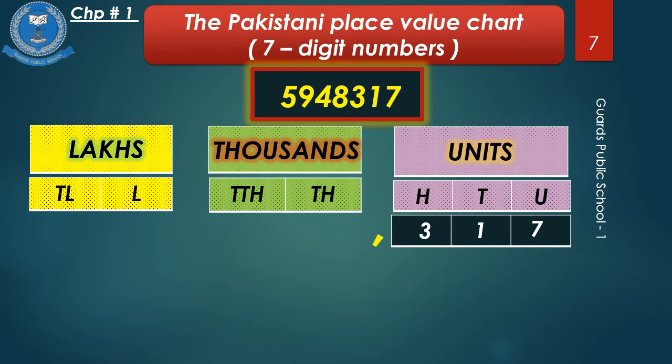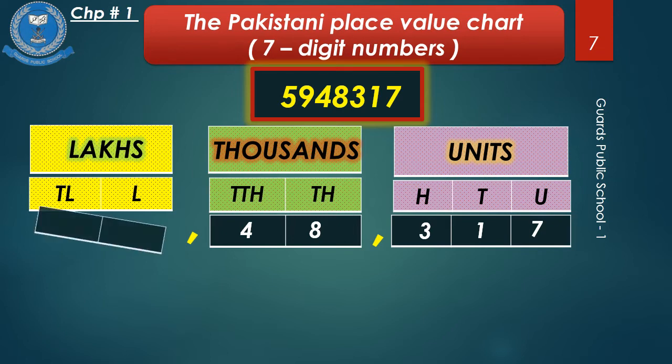Now let's start with our thousand family. 8 is at 1000 place, 4 is at 10,000 place, comma again as our thousand period is completed. Let's start with our third period, that is of lakh. 9 is at lakh place, 5 is at 10 lakh place.